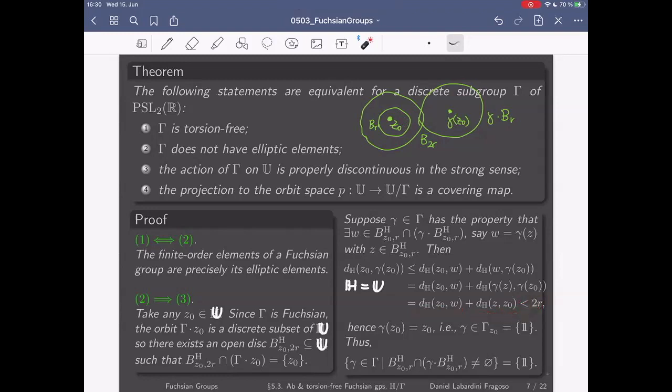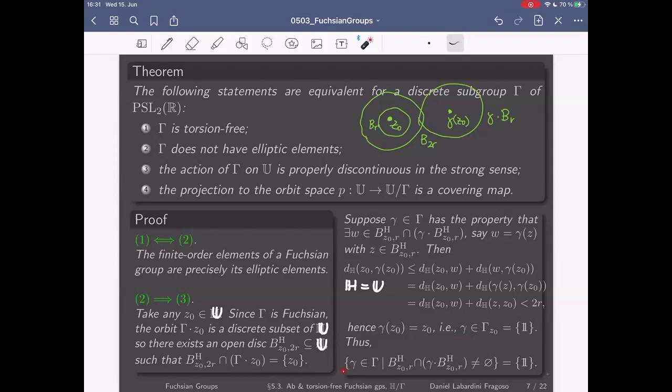And because 2r was chosen in such a way that the only orbit point of z naught in this ball is the trivial translate, z naught itself, that means gamma has to be the identity.